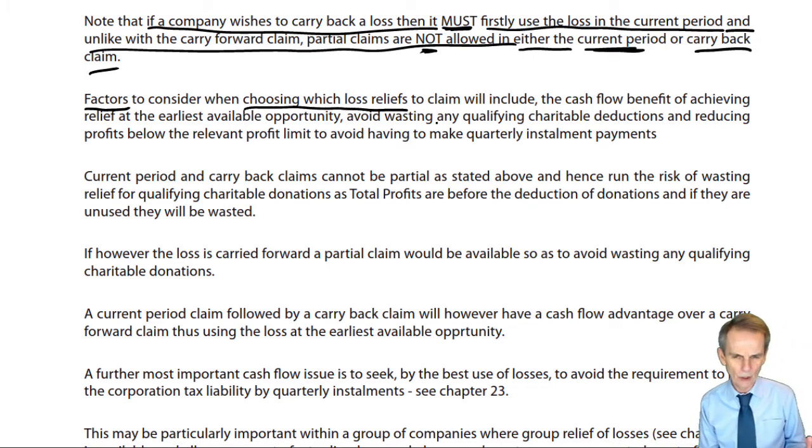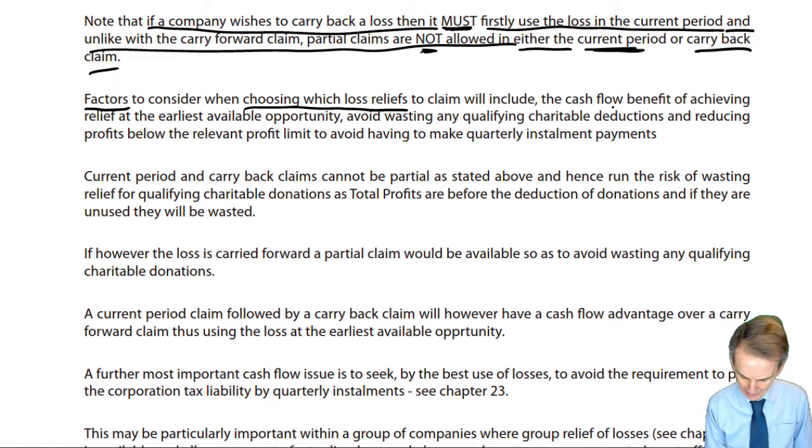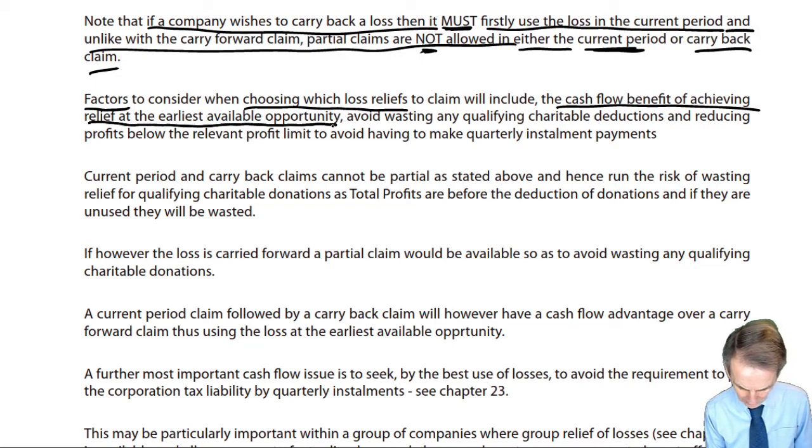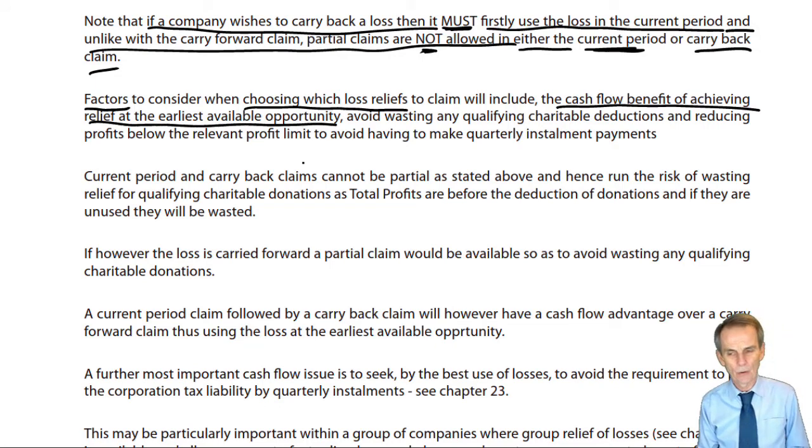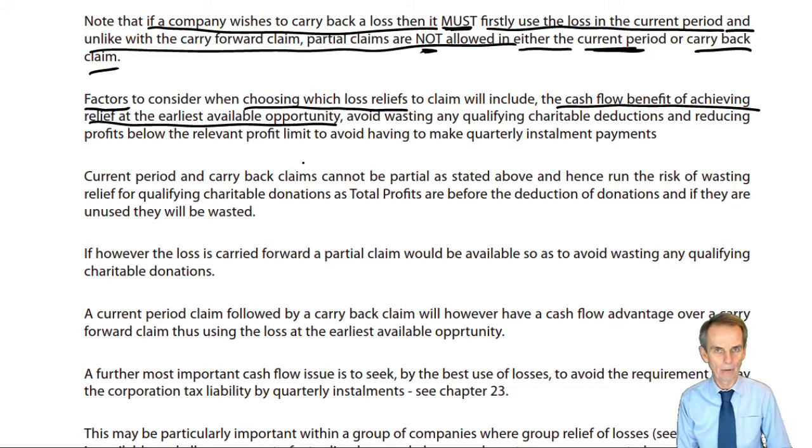So what are we trying to achieve to get the best use out of them? Clearly, a cash flow benefit of achieving relief at the earliest available opportunity. So a current period followed by a carryback claim is going to allow relief at the earliest available opportunity. Remember, carryback is the best you can get, but you can't carry back unless you've relieved against any other total profits in the current period.